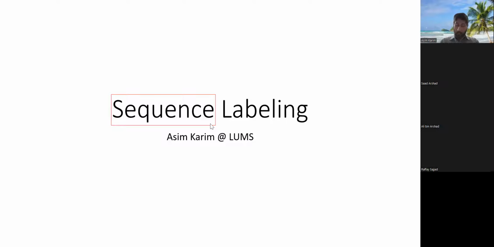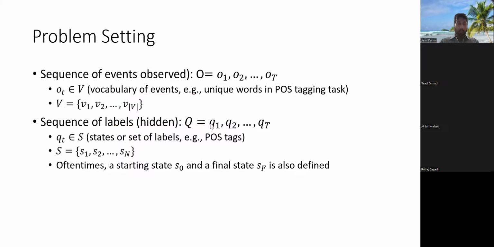Okay, so our task is sequence labeling. We will define the task precisely and then study it from a probabilistic sense and then move forward to the HMM model, which is one probabilistic approach for solving this problem. So what is the problem setting?